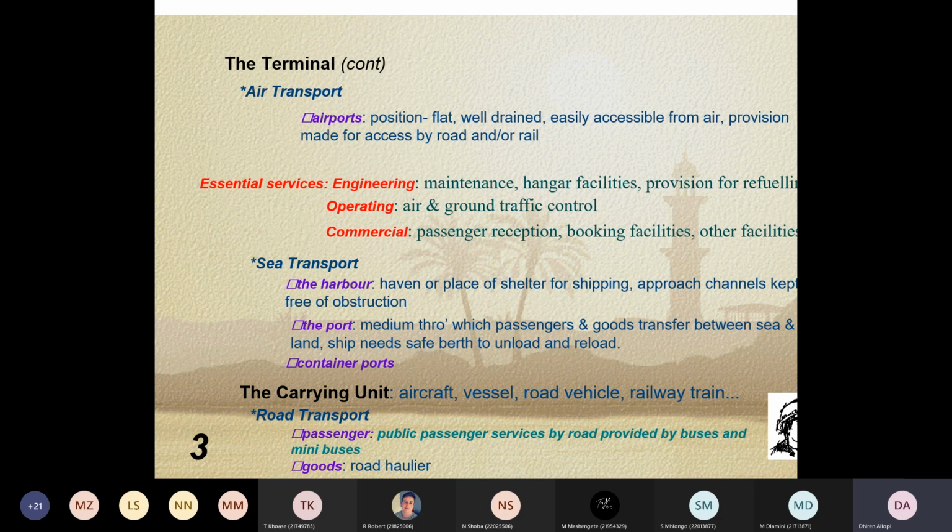So it's a high capacity mode, and again, very important, it has its own right of way. It's free of congestion, so it's not adding to the congestion on your roads. It's not contributing to the congestion together with your private motor cars, your minibus taxis, your buses, your motorbikes, your trucks, and so forth.